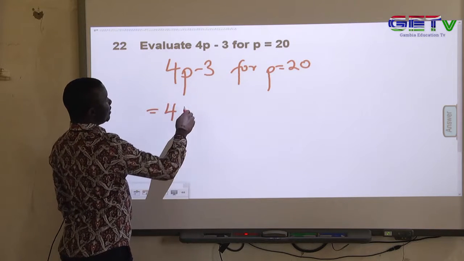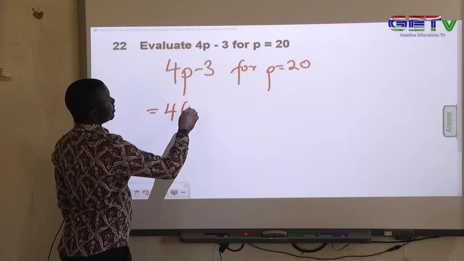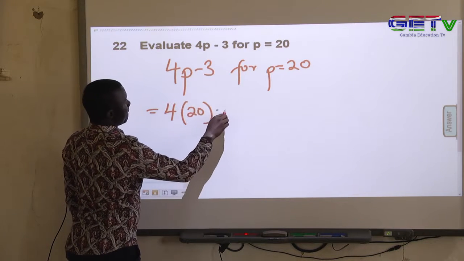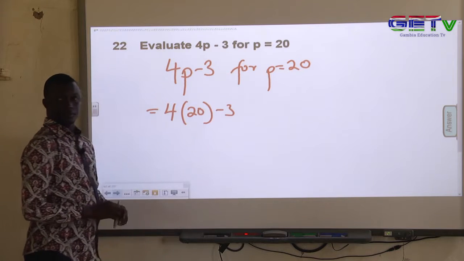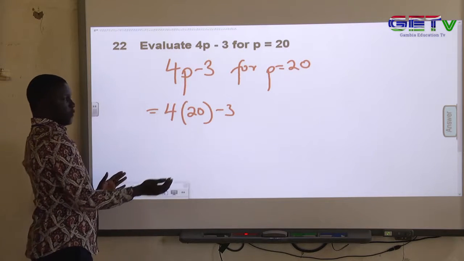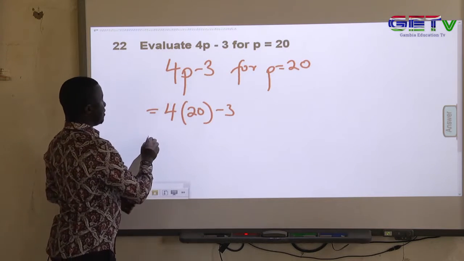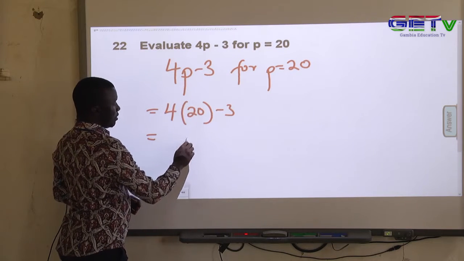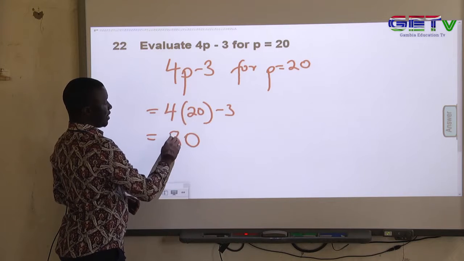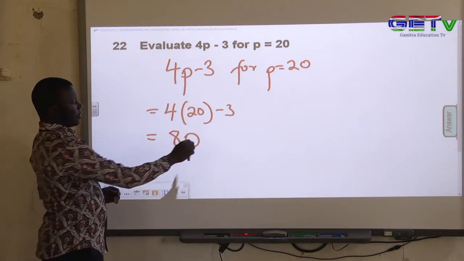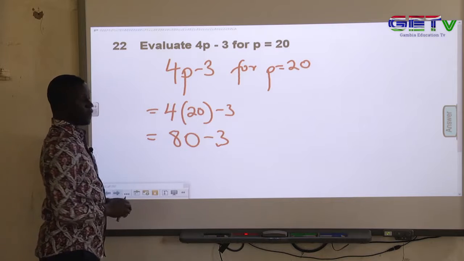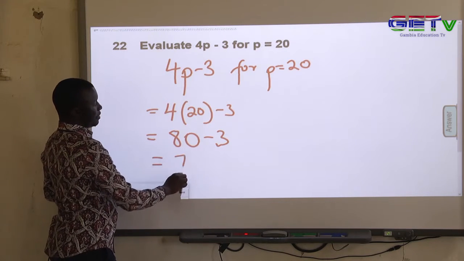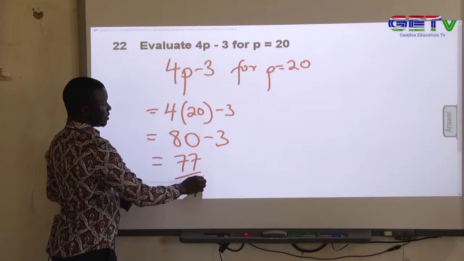The value of p is 4 times p, which is 20, minus 3. We further simplify this. 4 times 20, 4 times 0, we have a 0. 4 times 2, we have an 8. That's 80. Then we further subtract 3 from 80. We shall finally get 77 as our final answer.